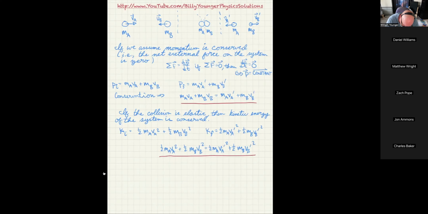Okay. So I'll just call this equation one and I'll call this equation two. So that's what conservation of kinetic energy and conservation of momentum mean. And it doesn't just have to be a head-on collision this way. It could be a head-on collision where this one's going a little bit slower than this one, so this guy rams in the rear end.